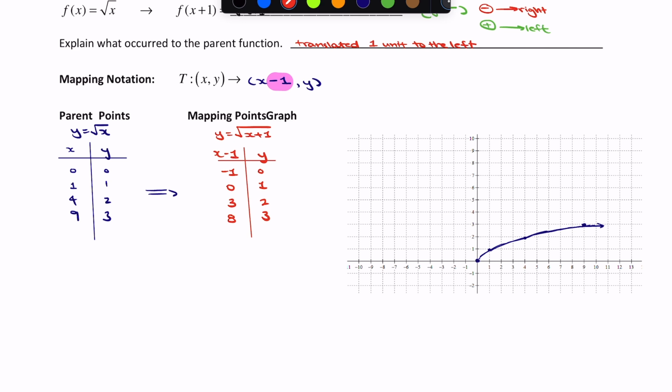And so here it starts at (-1, 0), and then (0, 1), (3, 2), and (8, 3). So it looks something like that. And so here, again, our parent function is y equals square root x, and our transformed function is y equals square root of x plus 1.